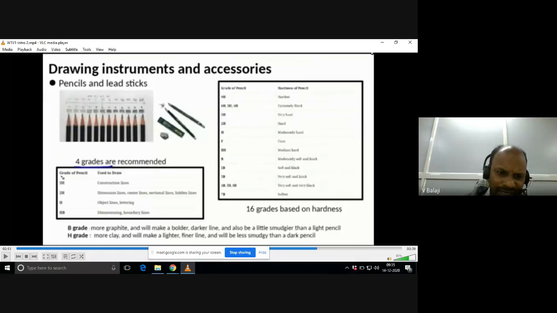According to the hardness or grade of that material, we find different hardness. If you press the pencil gently, it can withstand. If you press it very hard, it may fail. That means one particular grade is meant for one particular hardness.